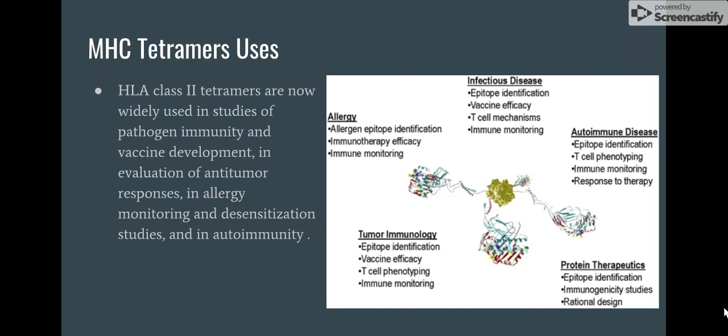I put a picture on here of some different things that they use the class 2 tetramers for: infectious diseases, autoimmune diseases, protein therapeutics, tumor immunology, and allergies. Tetramers have been used by researchers to identify and quantify antigen-specific T cells from patient samples, which is especially useful when determining the effectiveness of a vaccine.